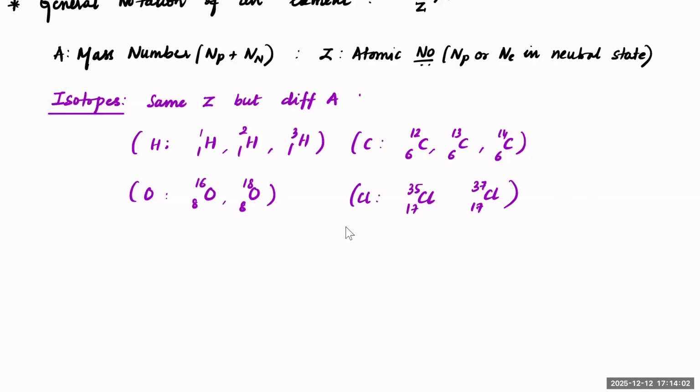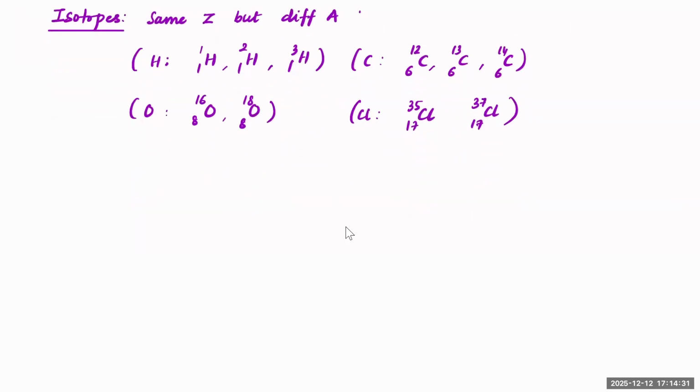For example, in nature, if you compare the hydrogens here, 99.9% will be hydrogen, that is protium. The second one has a name, deuterium, so that will be hardly 0.1 percent. And this will be extremely low, 10 raised to the power of minus 8 percent, that low. So you can see a very, very small composition.